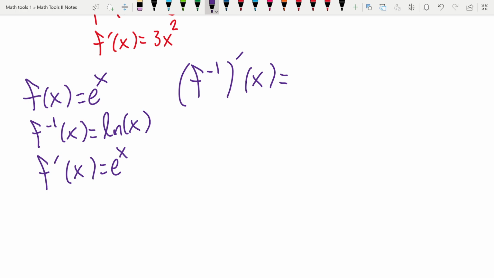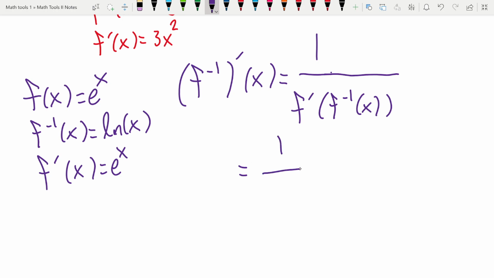So now we can use our formula here. So we'll do 1 over f prime of f inverse of x. So this is going to be 1 over e to the natural log of x, right? Because we're composing these functions. So we're putting the inverse function into the derivative function. And e to the natural log of x is just x. So this is 1 over x.